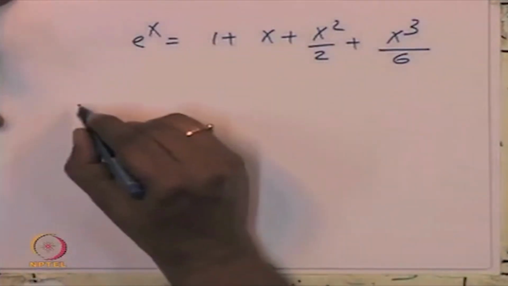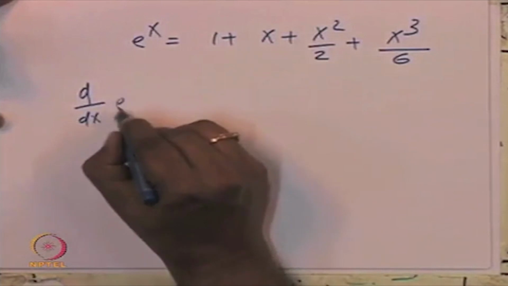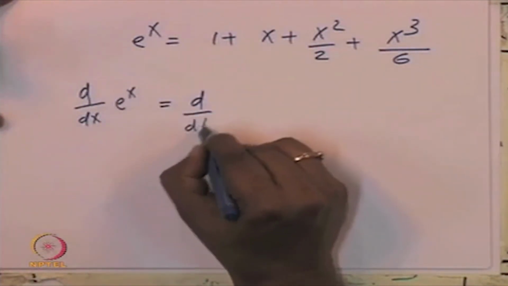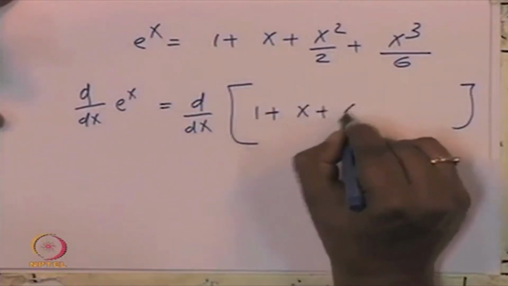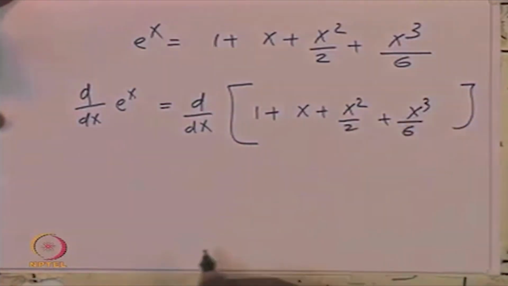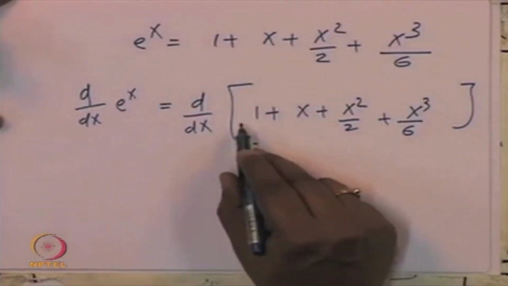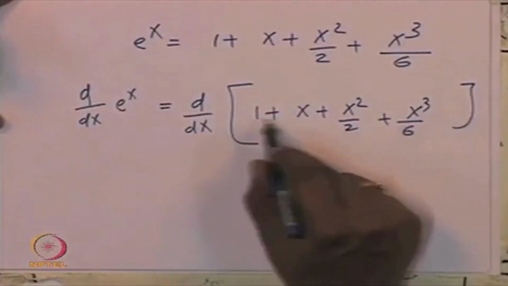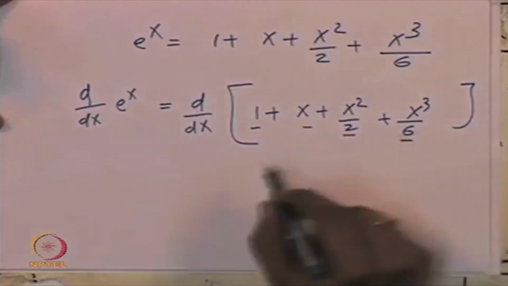Now, d by dx of e power x is nothing but d by dx of this whole thing, which is 1 plus x square by 2 plus x cube by 6. As the sum rule says, if you want to find the derivative of the sum, you can take the derivative of each of these individual terms and sum them.